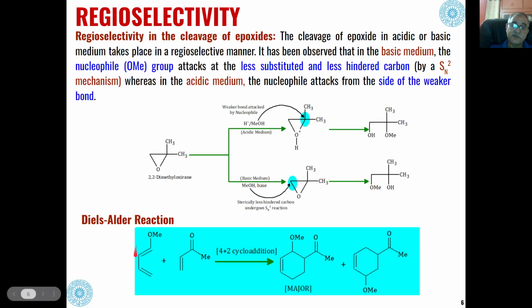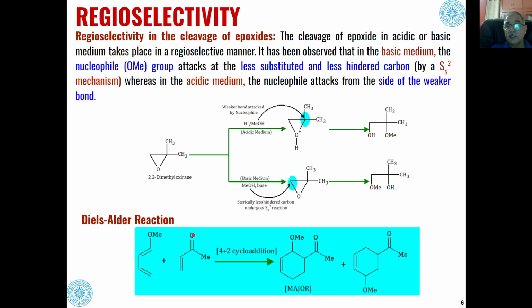Similarly, in case of the 4+2 Diels-Alder reaction, if we see this type of 1,3-diene, when it adds to these types of enes, then there is a possibility of formation of two types of product.